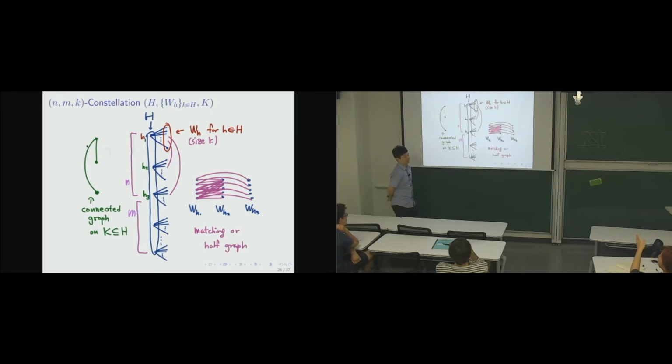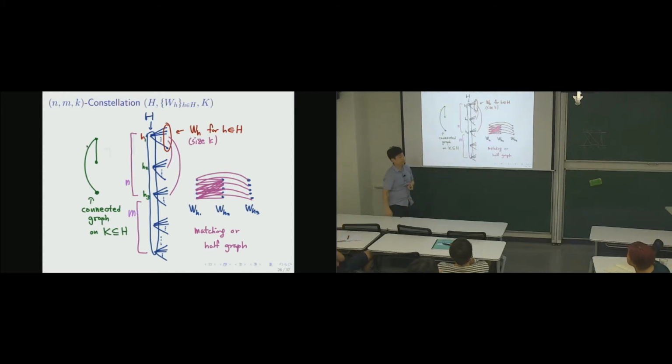Between the leaves of m stars and n stars, there is no edge. And among the m star leaves, you don't have any edge. You only have additional edges between the n stars, where they are connected by this rule. If you have an edge, then you have a matching or you have a half graph.